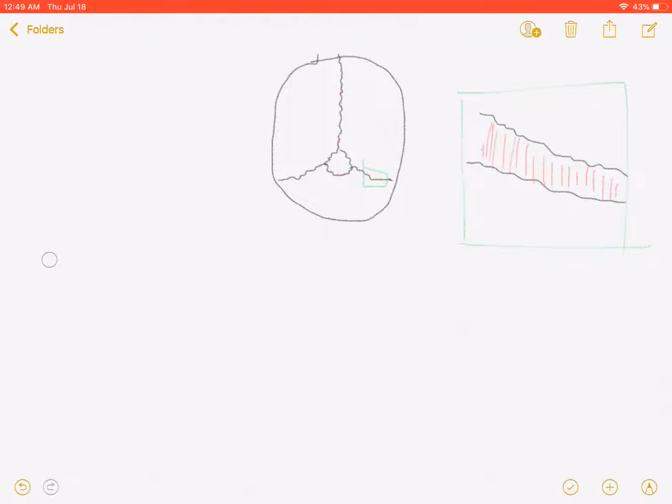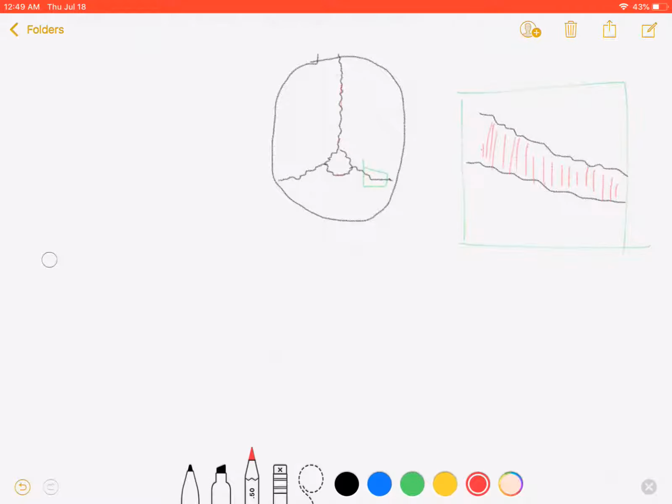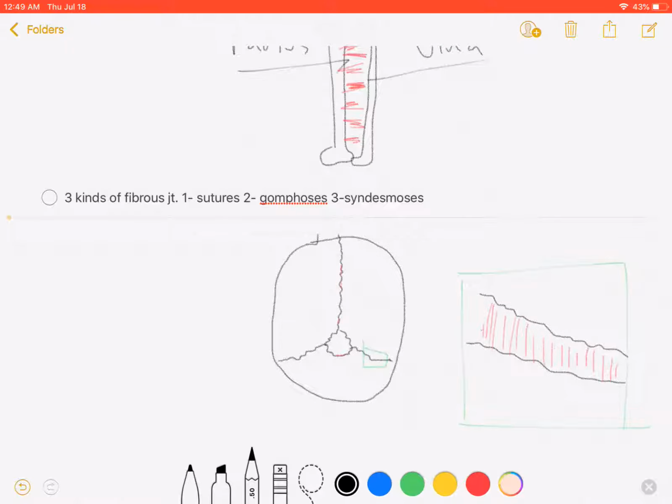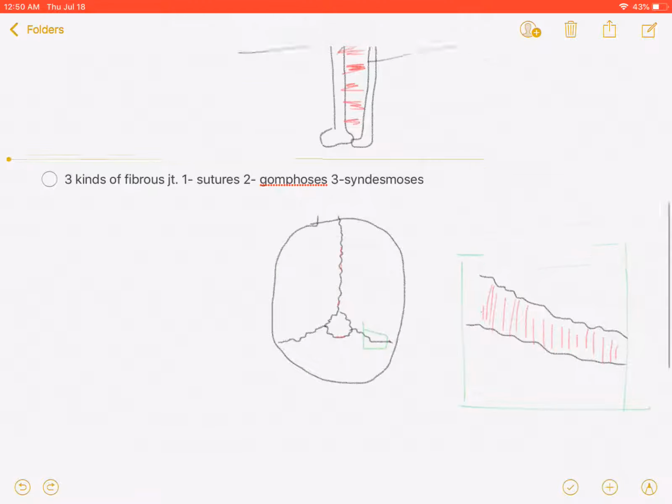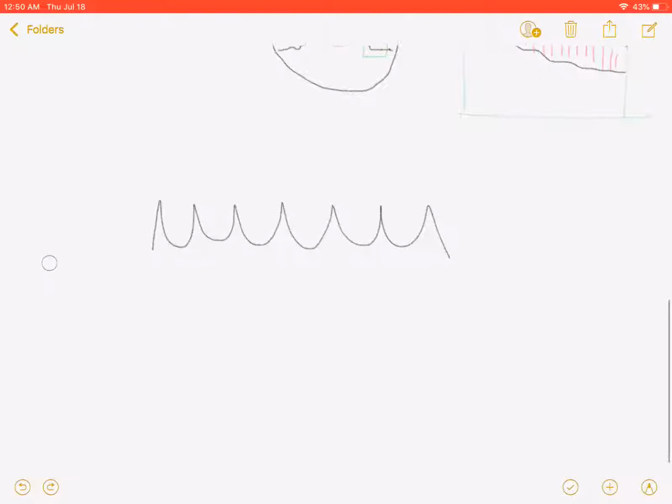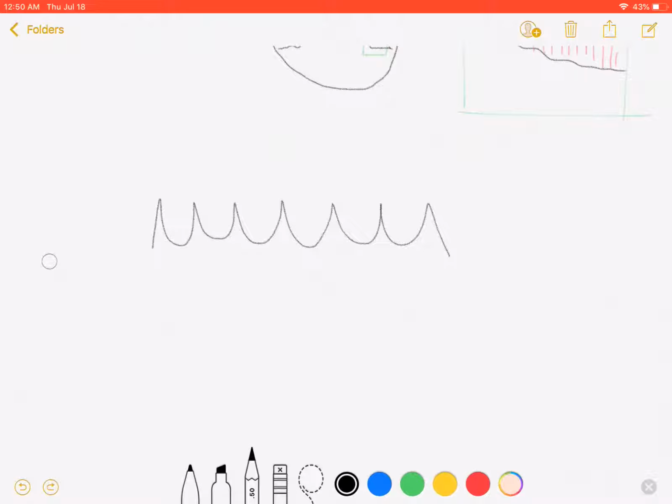I'm going to try to draw that for you too. If those are your gums, here's your tooth.